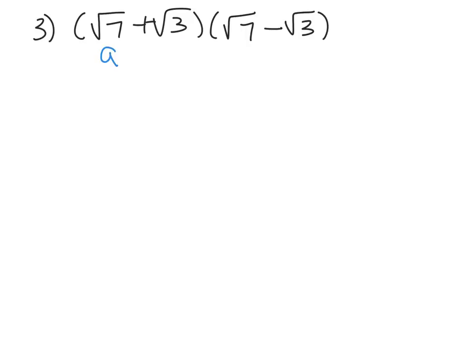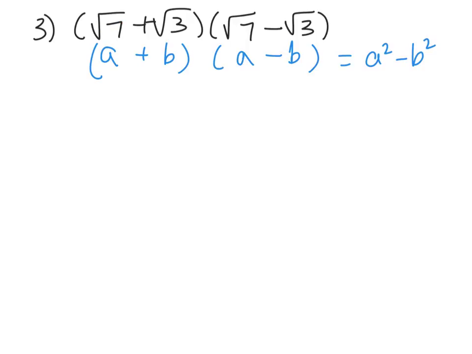So this is A here plus B. So we can tell that A is square root of 7 and B is square root of 3. So square root of 7 is A again minus B, because square root of 3 is B. Well, let me tell you, the formula for this is A squared minus B squared. Okay? And what that basically means was A was what? What was A? A was square root of 7, right?